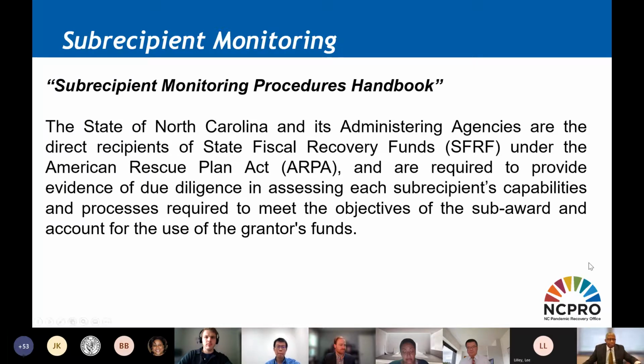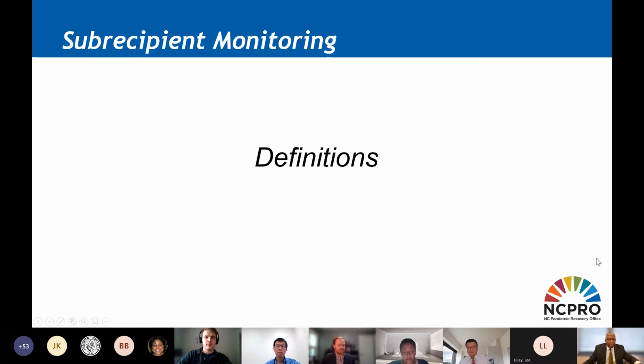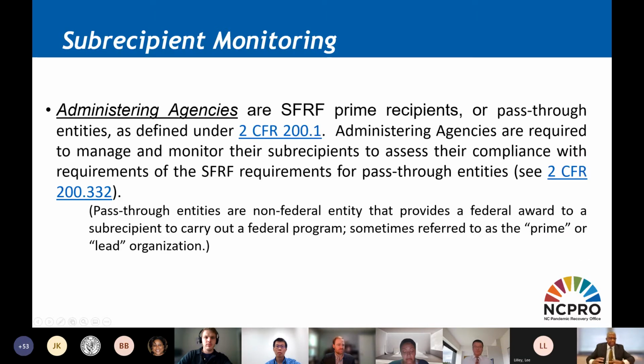Okay, next slide. And here to make that a little clearer, let's go through some definitions. I've mentioned a few things that we want to clarify a bit. I mentioned that the state of North Carolina and its administering agencies are responsible.